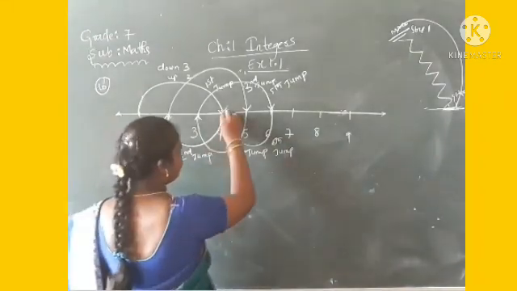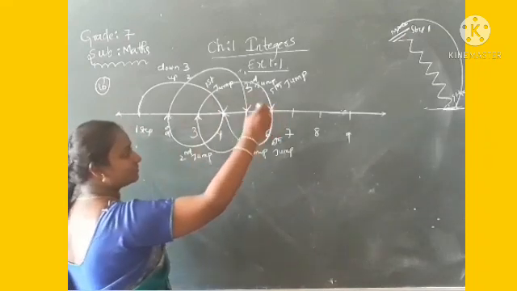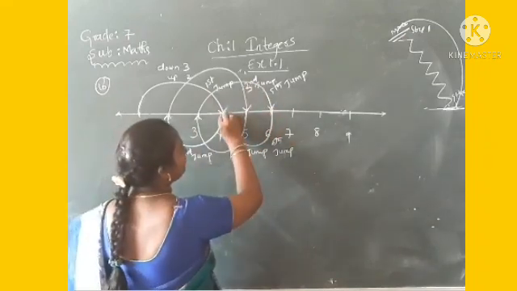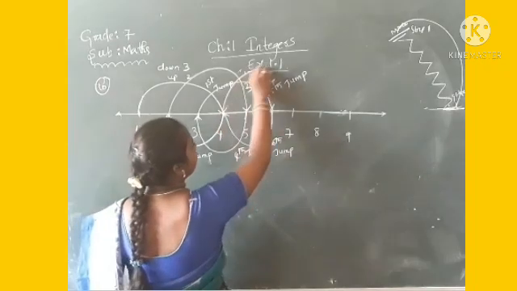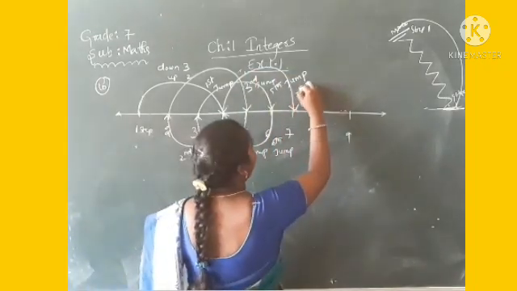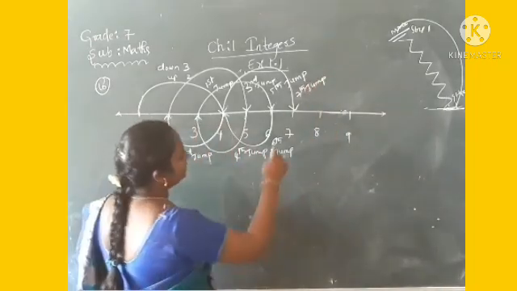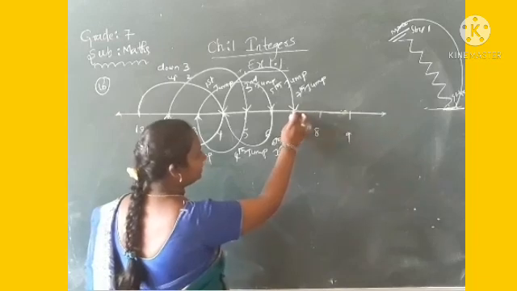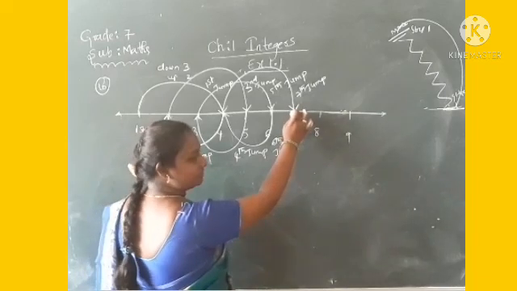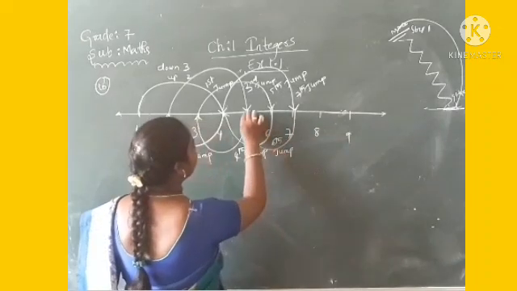Now from step 4, 3 steps down. That is very good. This is the 7th jump. So now the monkey is at the 7th step. 2 steps up means at 5.